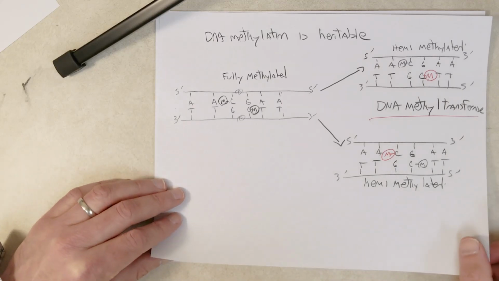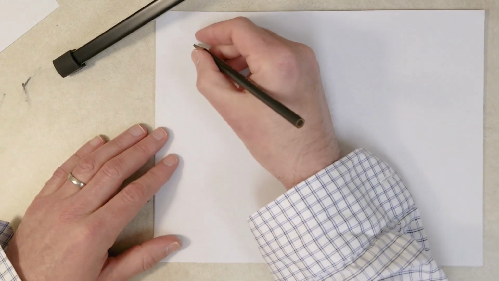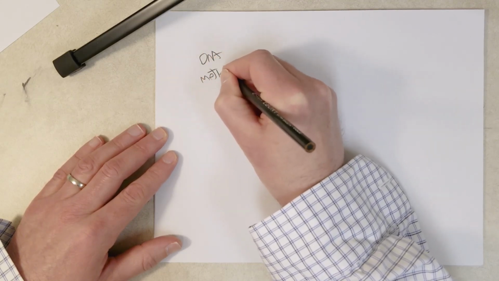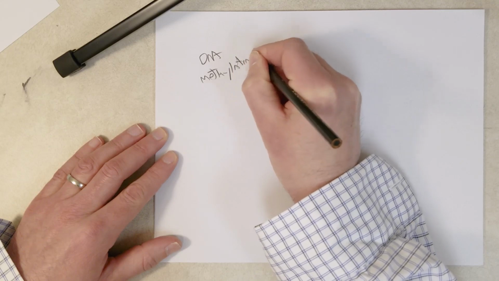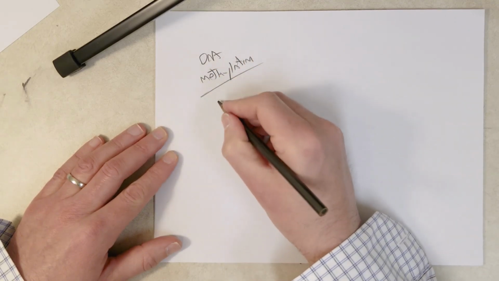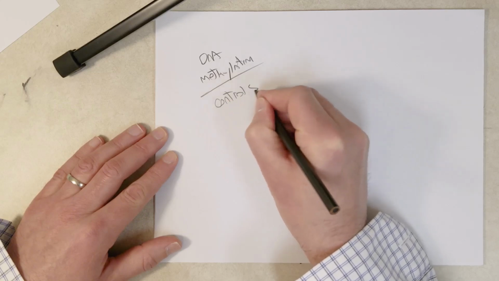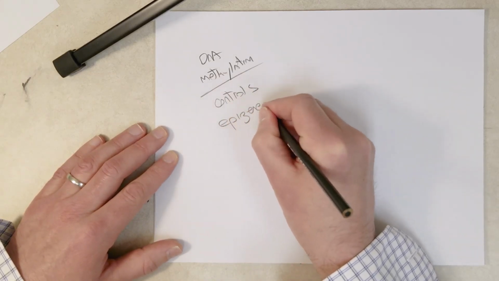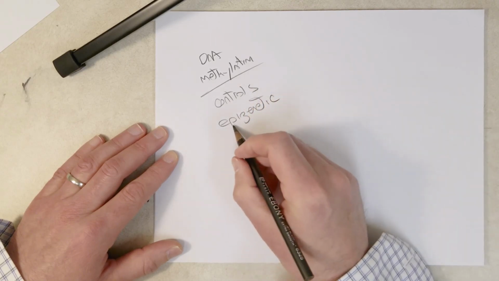So we have a nice example coming up in the next video of how DNA methylation controls a really neat epigenetic phenomenon. I'll discuss this term also in the next video.